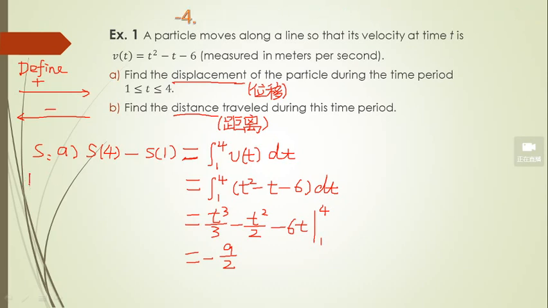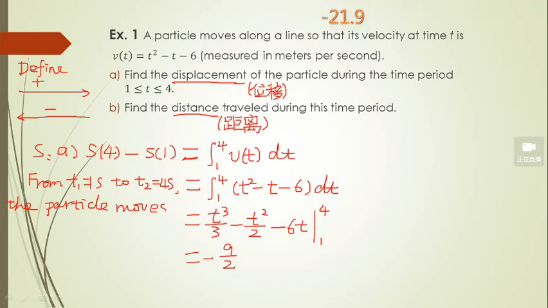That means from t1 equals 1 second to t2 equals 4 seconds, the particle moves in which direction? If we follow the direction we defined, we get a minus number for the position change.